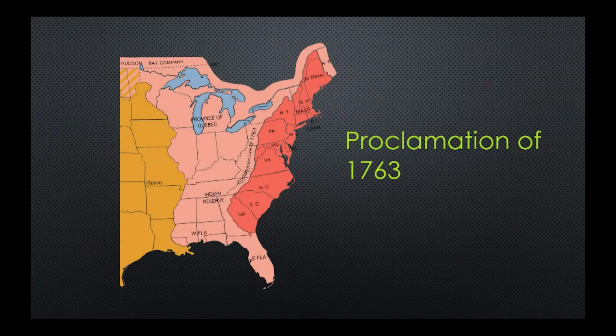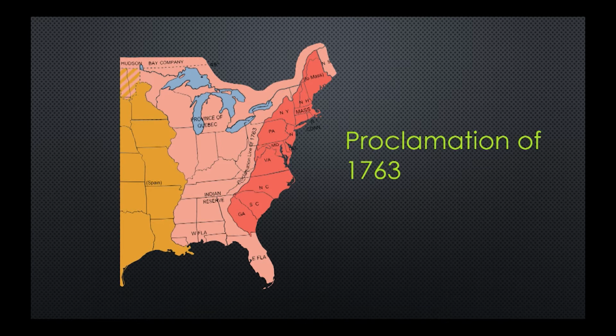So I'm going to start talking about it in the context of the Proclamation of 1763, which was one of the consequences of the French and Indian War, where this line, and of course lines are not created on the landscape, they're only created on maps.